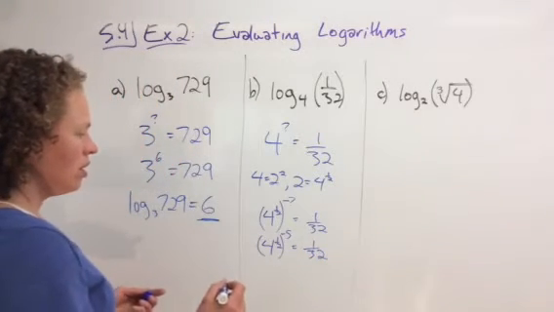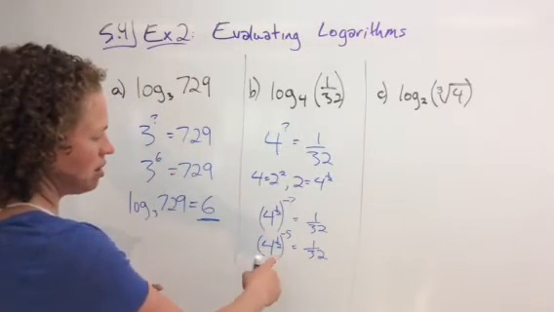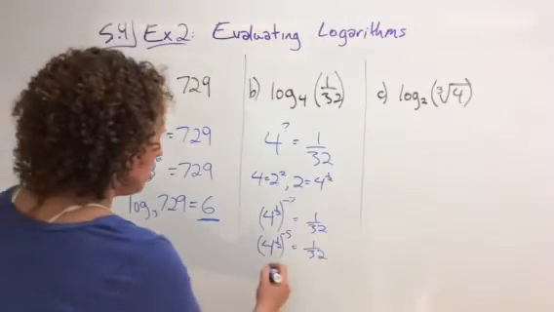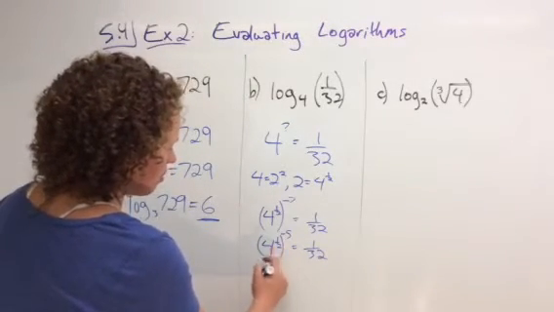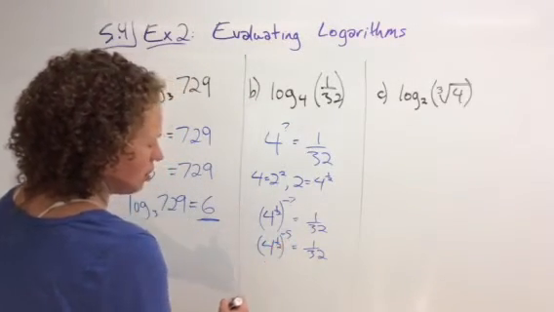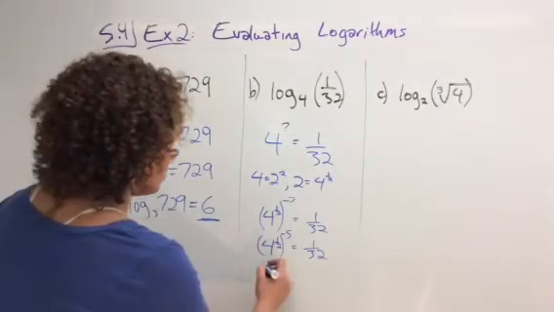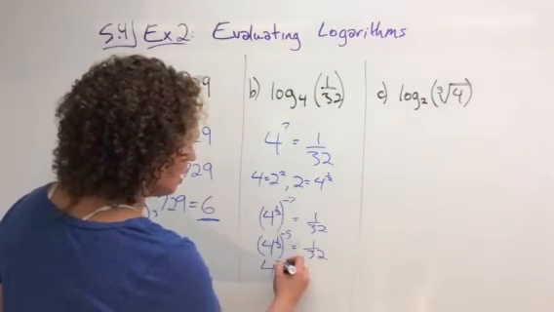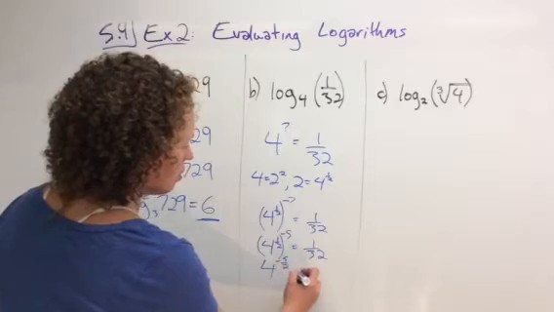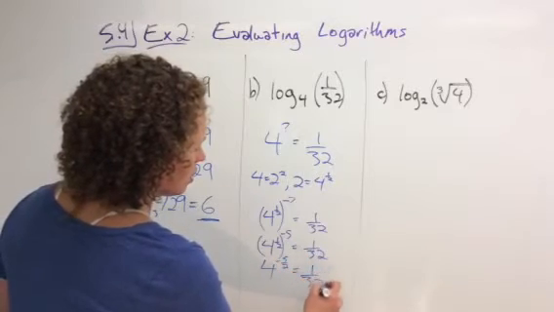Now, I need to evaluate this as just one power. So I'm just going to multiply through, because when I raise an exponent to an exponent, I multiply those, and it becomes 4 to the power of negative 5 over 2 equals 1 over 32.